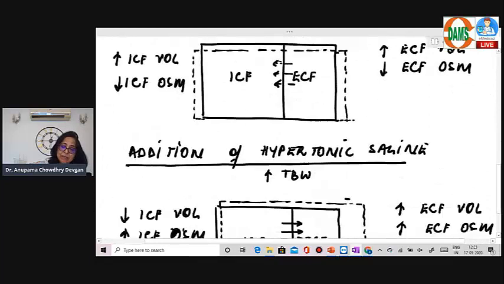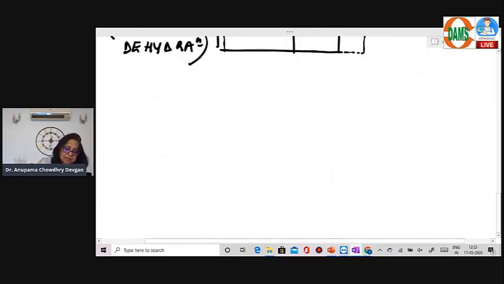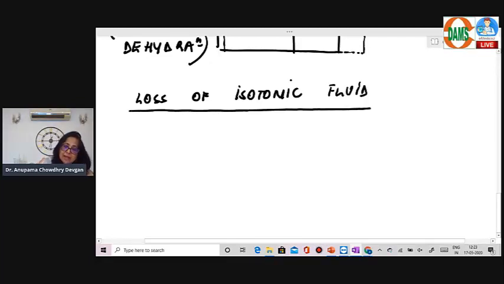Now the next is, so addition of isotonic and hypertonic saline. Now let's see what will happen if there is loss of fluid. So let's see if there is loss of isotonic fluids. Loss of isotonic fluids will be seen in a patient of hemorrhage. It will be seen in a patient of burns.